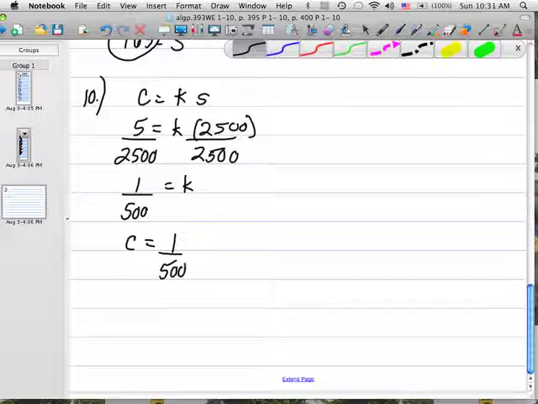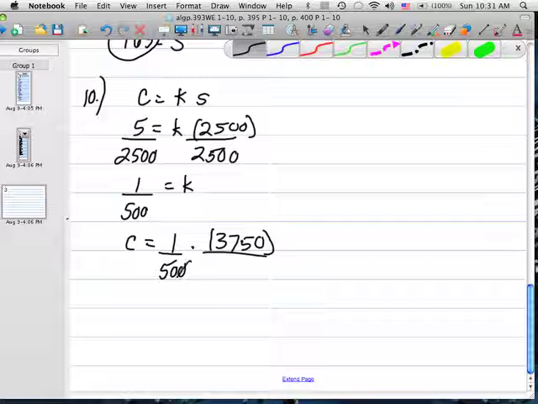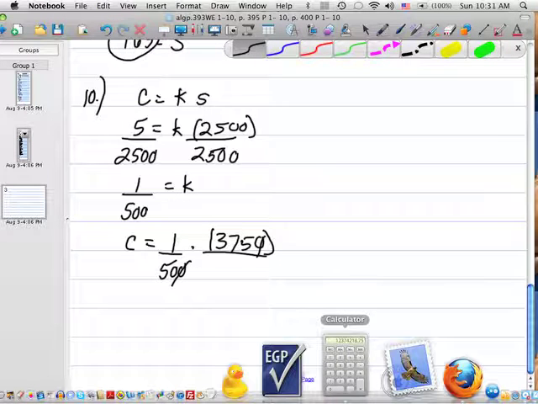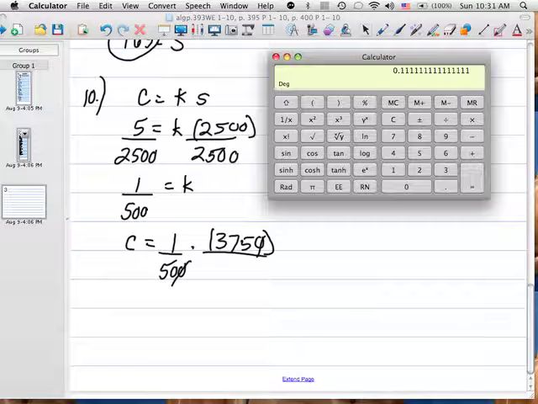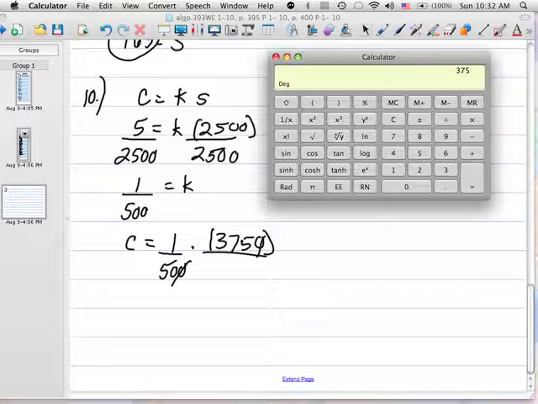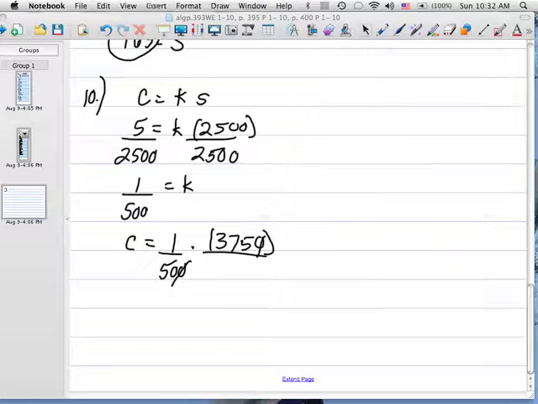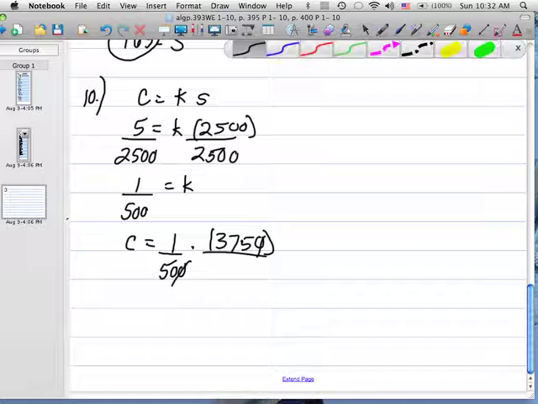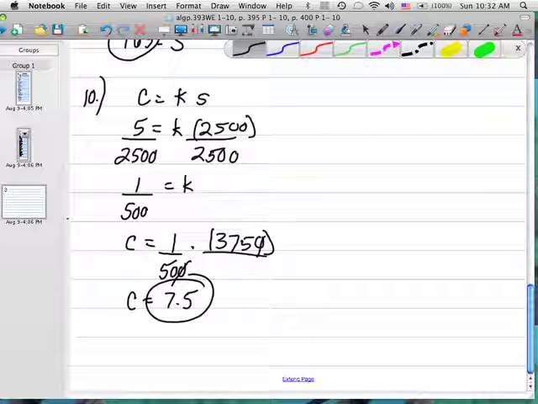So K is 1/500, and we multiply that by 3750. We can drop the zeros, and 375 divided by 50 equals 7.5. So we'll need 7.5 units of chlorine.